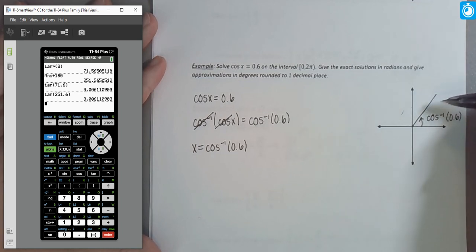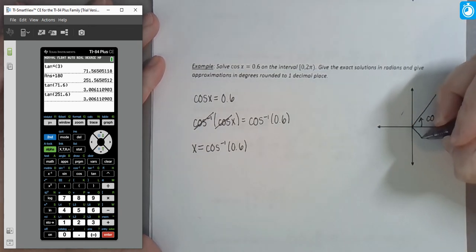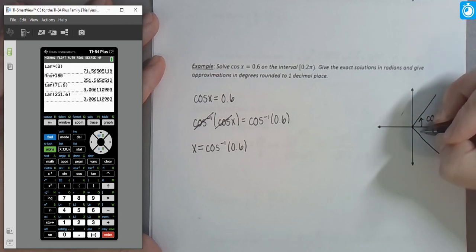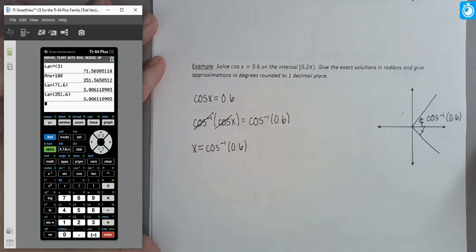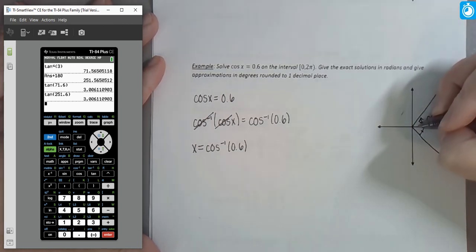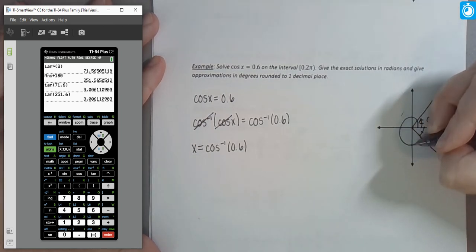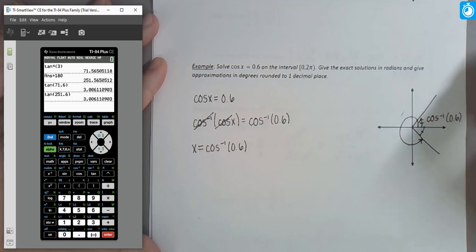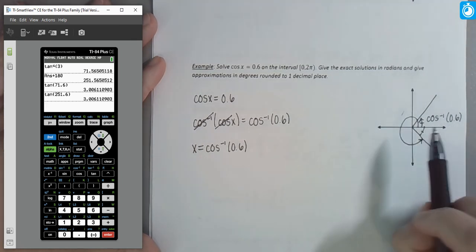It's going to be the angle that is the mirror image of this one if we were to rotate it down into the fourth quadrant. So it's going to be whatever angle we would get down here so that these two angle measures are the same right here. But the actual angle we want is going to have this angle measure, whatever that amount of rotation is. Well, what would that be if we're talking in radians specifically?